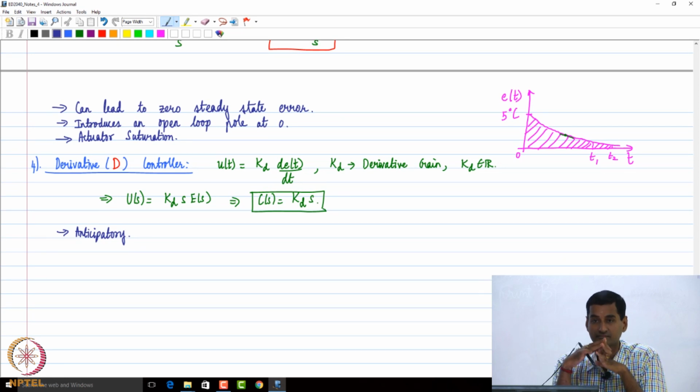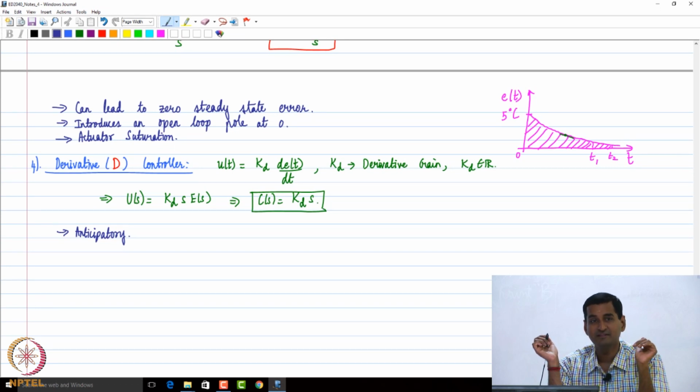So because as soon as the error reaches a certain value, it remains constant, the controller won't be able to track it. In other words, you will see that the derivative controller will not take any action, suppose the error reaches a constant non-zero value.